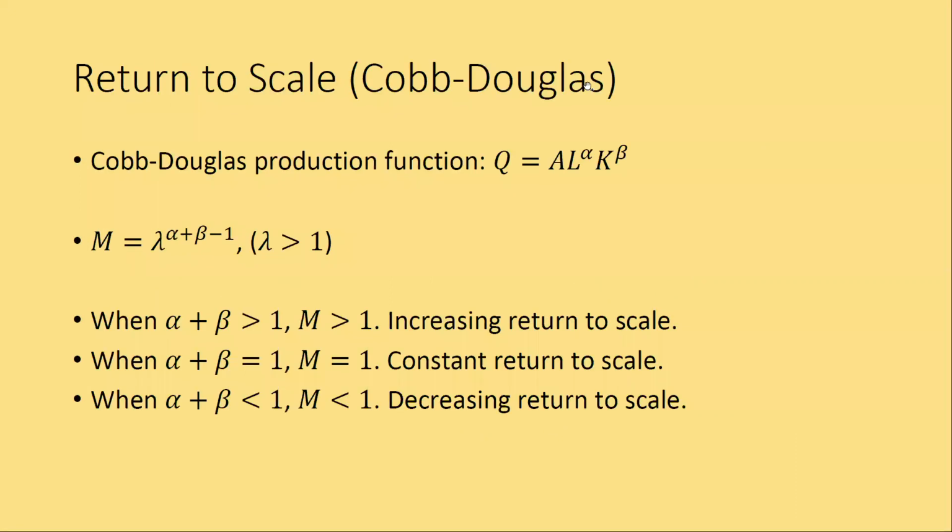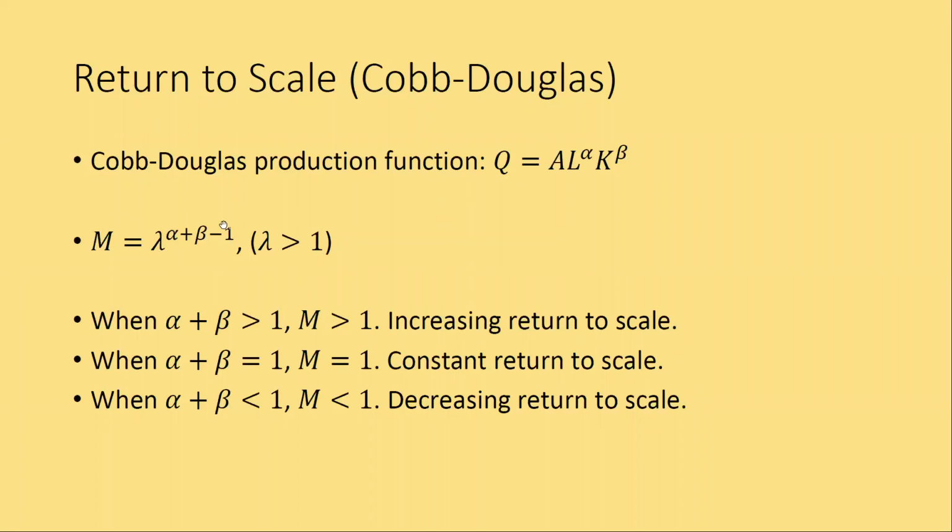And recall, x is our alpha plus beta minus 1, because we define f(x) as lambda to the power of x, and we put a specific lambda as an example, but the graph will look similar for all lambda that is larger than 1. It will be different if lambda is smaller than 1 actually, but because we are defining the m for lambda larger than 1, we are okay.